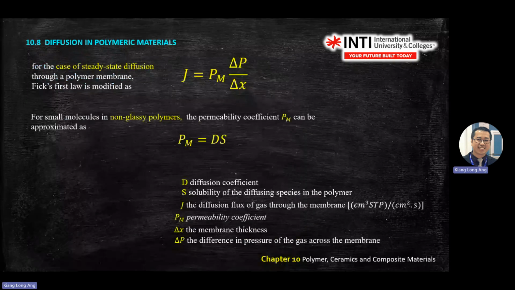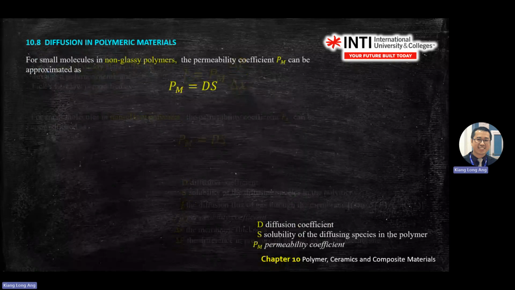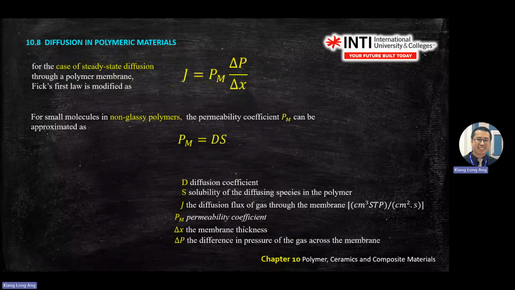Diffusion. Okay, the diffusion equation is J equal to PM times the gradient, where PM is the permeability coefficient.